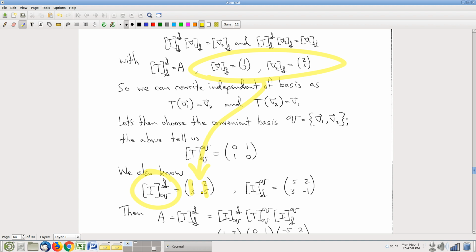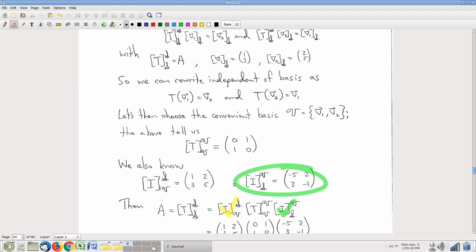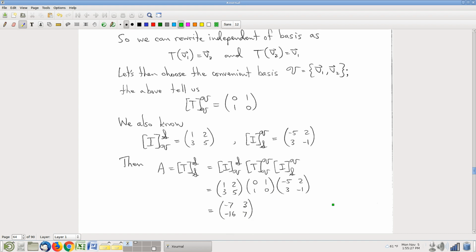I should say I chose my vectors v1 and v2 accordingly. So it's easy to represent, then that matrix is that. That makes it easy to understand this matrix because it's just the inverse. Right? The inverse of change of basis from V to S is change of basis from S to V. So those matrices are all easy to write down, and we have now just an arithmetic problem. With these being those, multiply these out, and there's your answer.